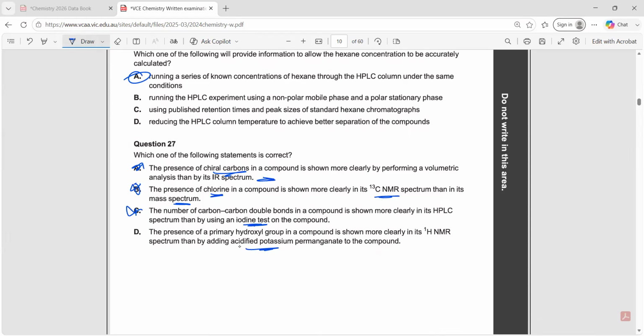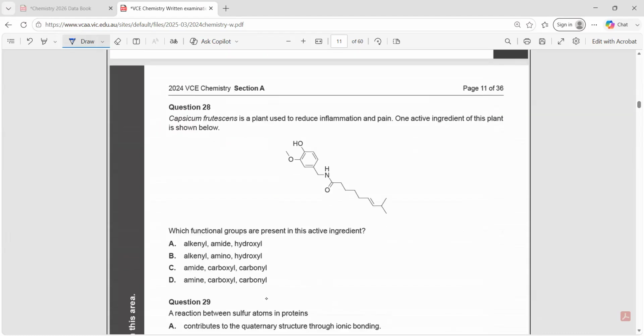The thing is, this doesn't differentiate between primary and secondary hydroxyl groups well, because they would both undergo oxidation and cause a color change in the potassium permanganate. So maybe HNMR is more effective in indicating that, but that's a bit hard.